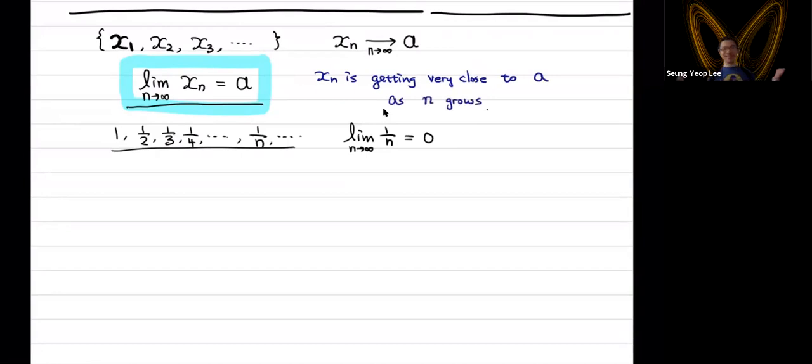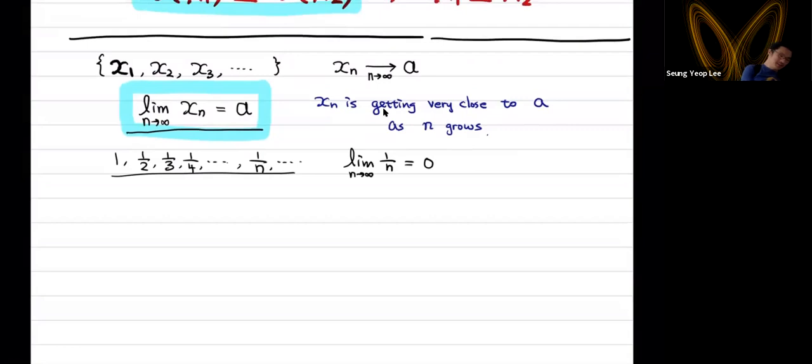That's the statement, right? But that's human language. It's hard to prove with this one. So I can also change this very close to arbitrarily close. That's a more accurate way of saying it instead of very.